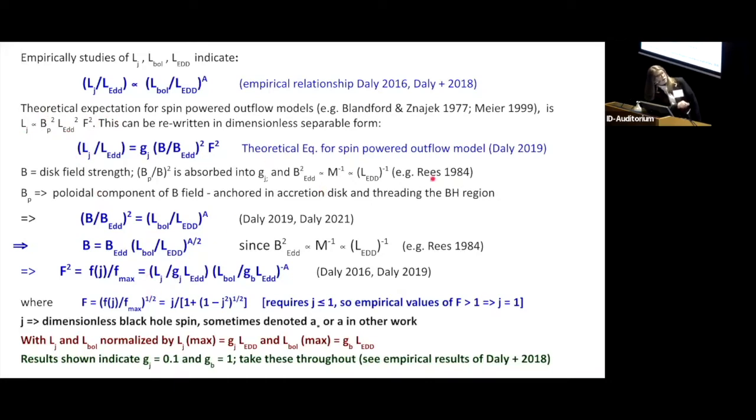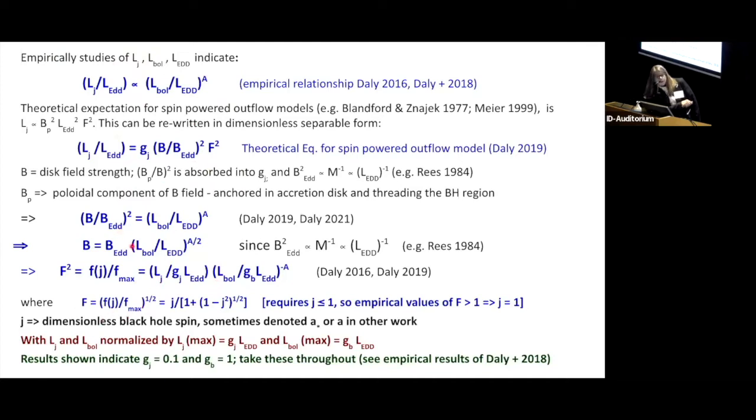What I showed in 2019 is that we can recast this theoretical equation in what I call dimensionless separable form, where we rewrite it so that it separates into a piece that's just the outflow, a piece that's just the disk, and a piece that's just the black hole spin. Then you can identify terms between the theoretical equation and the empirically determined equation and solve for lots of quantities.